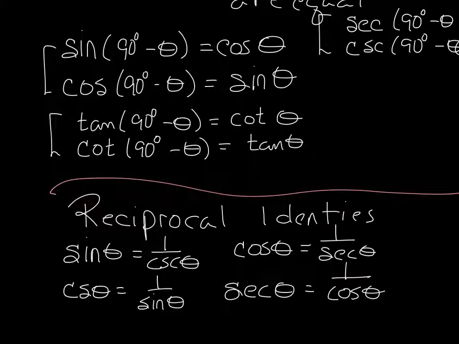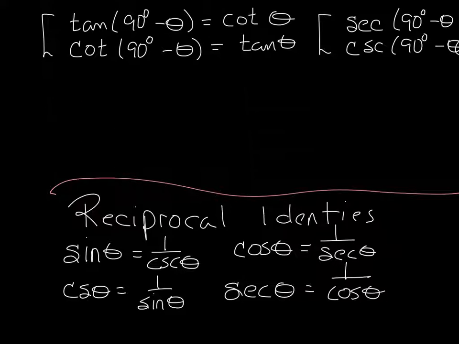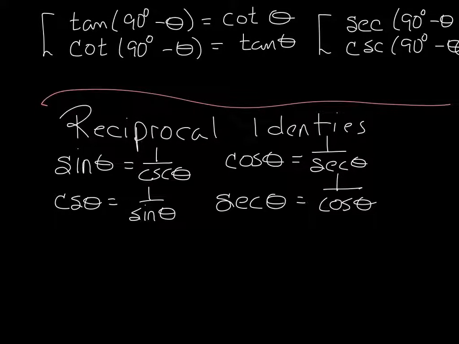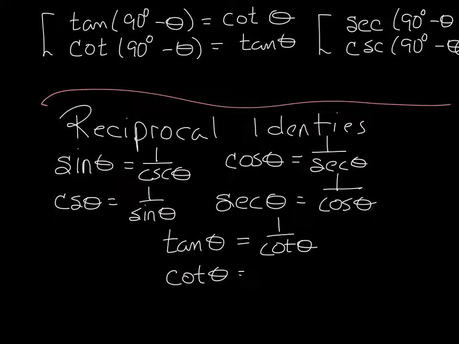I put the reciprocals right next to each other because it makes it easy to find the values if we have the reciprocals together. And then the last reciprocal values are the tangent and the cotangent. So if you use these a few times, they're not hard to learn.